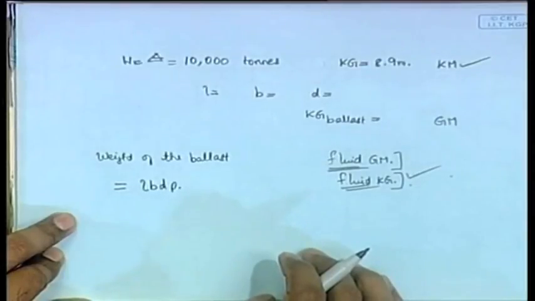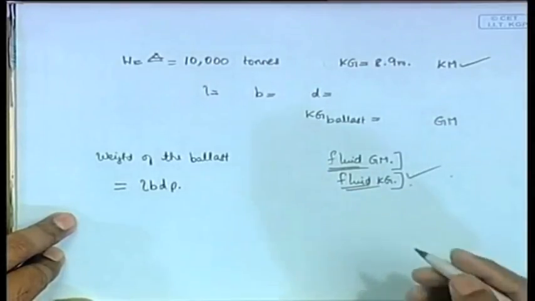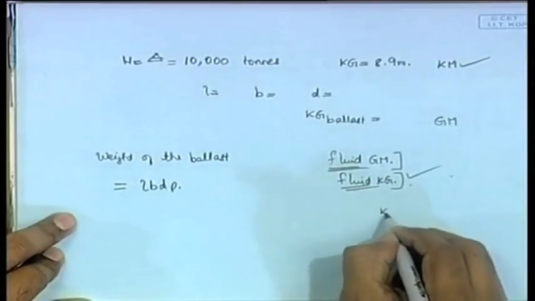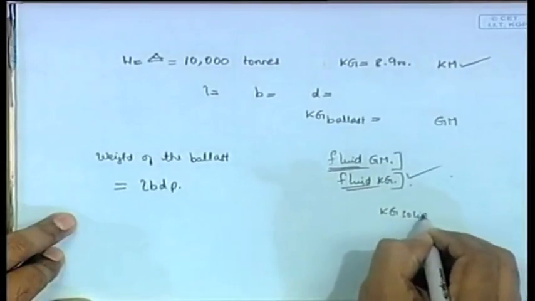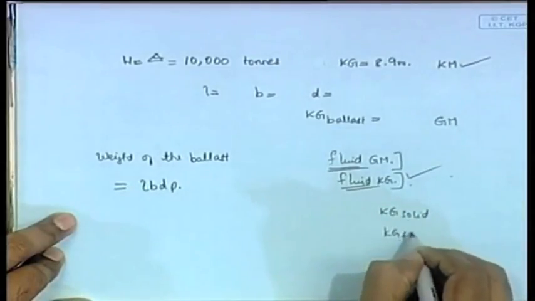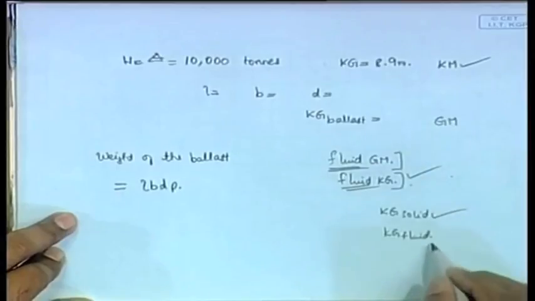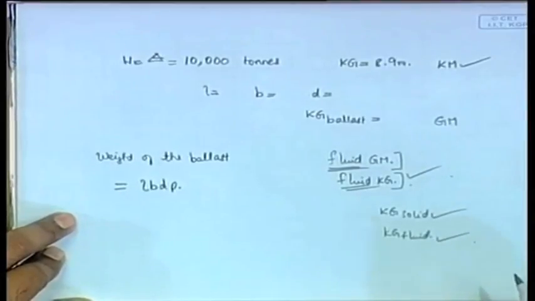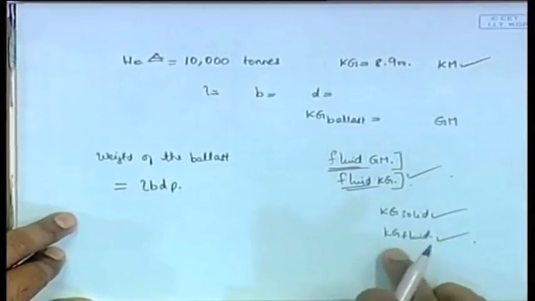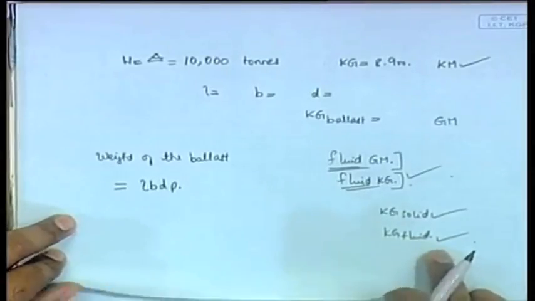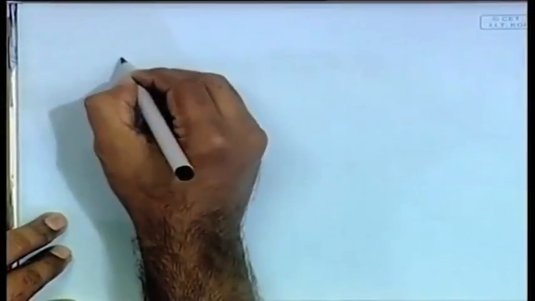When you do this problem, you will see in the book it is written like this. That means KG without the fluid, just with the ship, is this, and this is KG with the fluid. So water is added, that is ballast is added to the tank, and then what you have is a KG of the fluid. Okay. So now what we can do is make a small table.